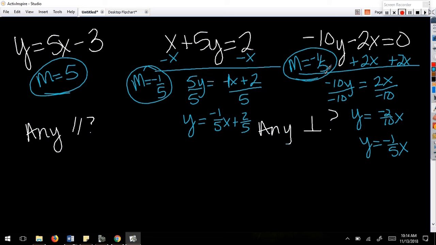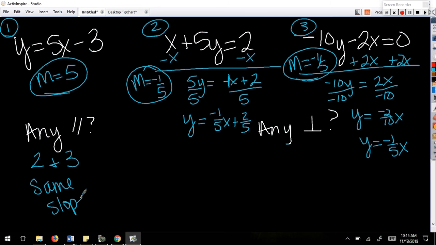So, looking at these, are there any parallel lines in this set of 3 lines? I'm going to call this equation 1, equation 2, and equation 3. You tell me 2 and 3 are parallel. Why? How about, are there any perpendicular lines?